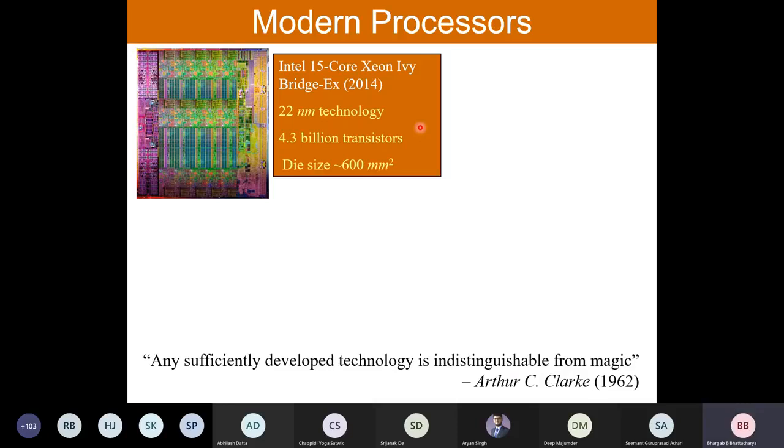So 22 nanometer signifies the feature size of the transistor, that is, what should be the separation between two transistors and so on. Those design rules or design specifications are given by this technology value. As the technology progresses, this nanometer value will reduce. Do you understand it?